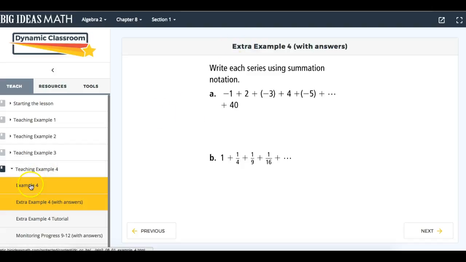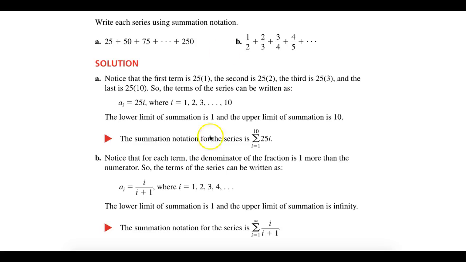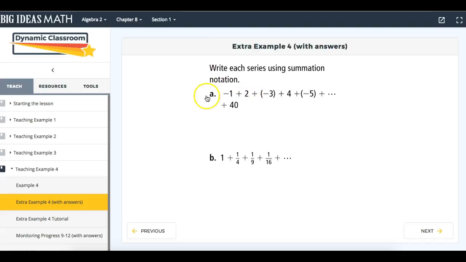So for this example back here, for our first one, our lower limit is 1, our upper limit is 10, and our rule is 25I. For our second one, our lower limit is 1, upper limit is infinity, and our rule is I over I plus 1. Those are the things I want you to tell me for both of these.